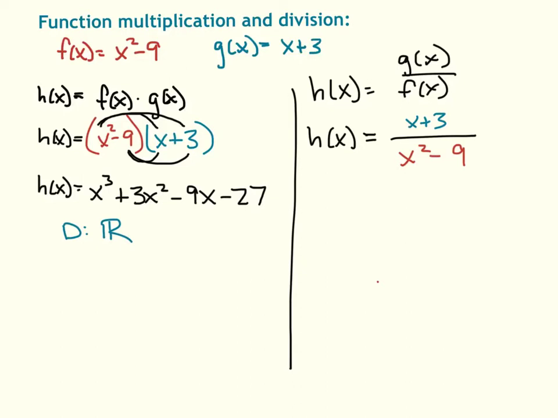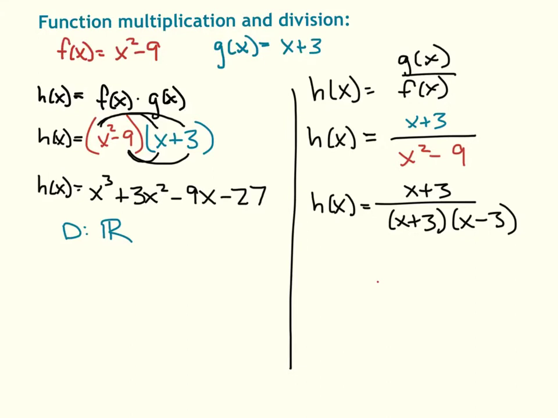Well, in order to cancel, I probably need to factor that denominator first, since it's an x squared. So x squared minus 9 is a difference of two squares. So x minus 3 times x plus 3. So it's going to be h of x is equal to x plus 3 divided by x plus 3 times x minus 3.